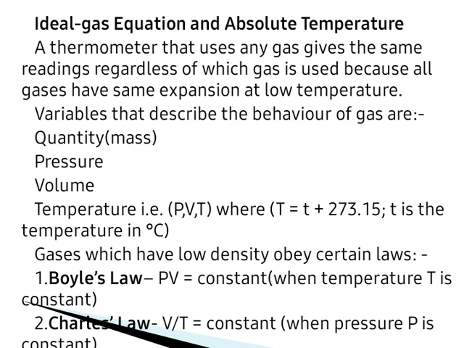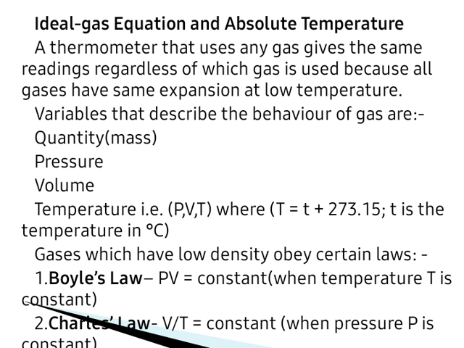A thermometer gives the same reading despite any gas being used, because all gases have the same expansion at low temperature. What are the variables that describe the behavior of a gas? They are three variables. First one pressure, second one volume, and third one temperature. That is, they are P, V, and T.